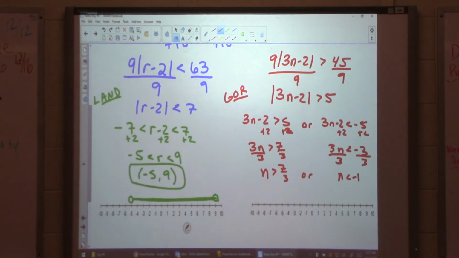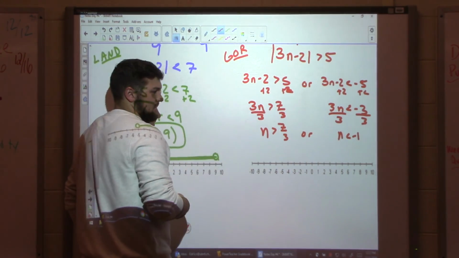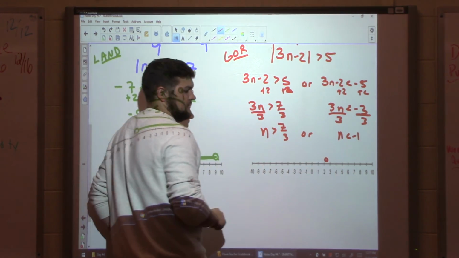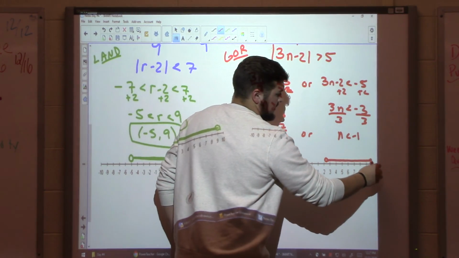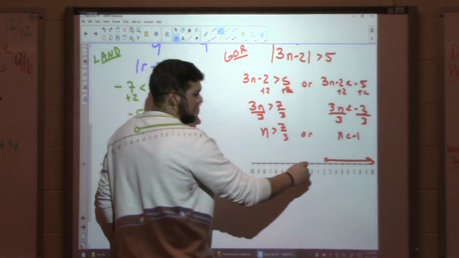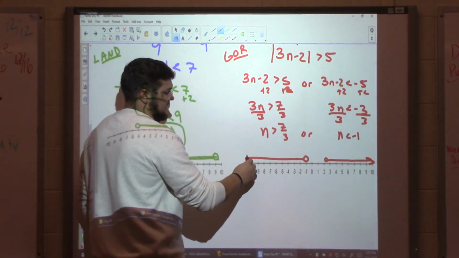So all I did is I saw it was a greater than, I changed it to an or statement, I solved them both. I go to graph it, n is greater than 7/3. So at 7/3, which is approximately 2.33, I have an open circle, and I shade to my right because it's greater than. At negative 1, I have an open circle. I'm going less than, so I shade to the left.